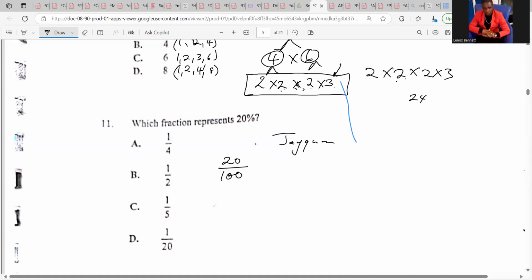What operation are we doing? What are the four basic operations? Anyone? Addition, subtraction, multiplication, and division.